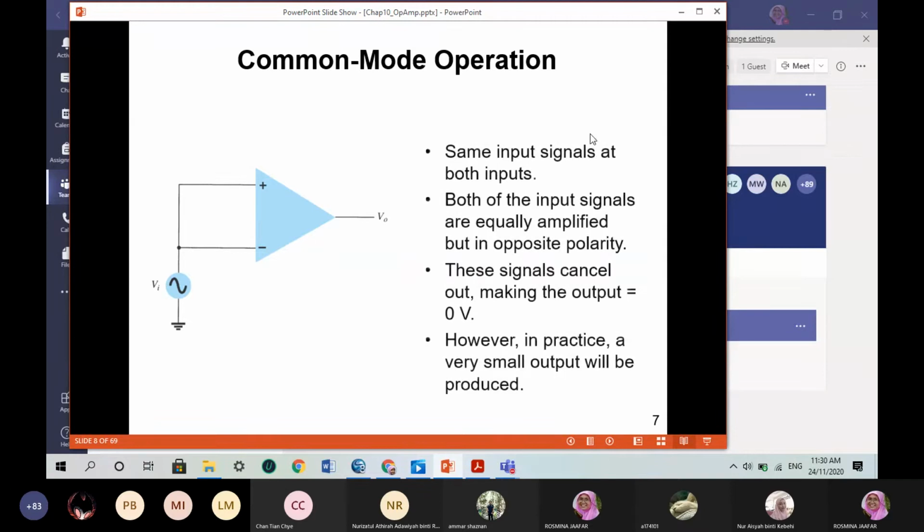We have the same input signals at both inputs. Both of the input terminals are equally amplified but in opposite polarity. These signals cancel out, making the output become zero. However, there will be a very small output produced even though you have a common connection between the inverting and the non-inverting inputs of the op-amp.